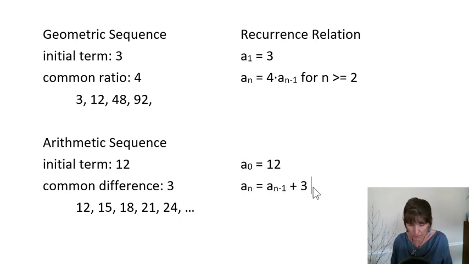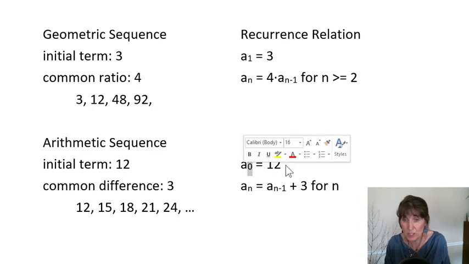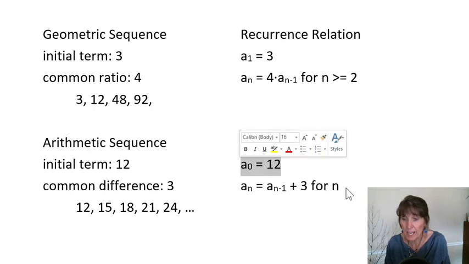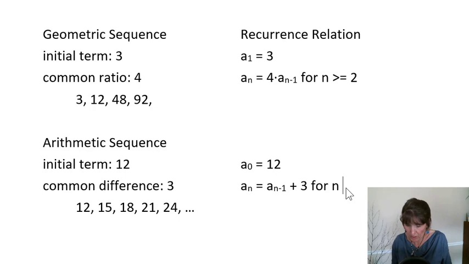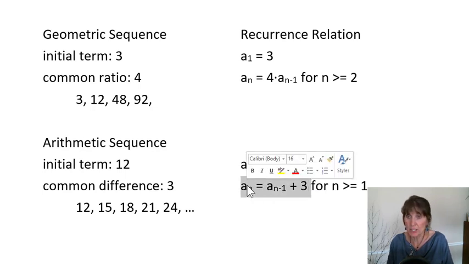And so we can specify this. This is for all n, not n equals 0, right? When n is 0, this is the rule. But when n is 1 or greater, so n greater than or equal to 1, this is the rule. And that's a recurrence relation.